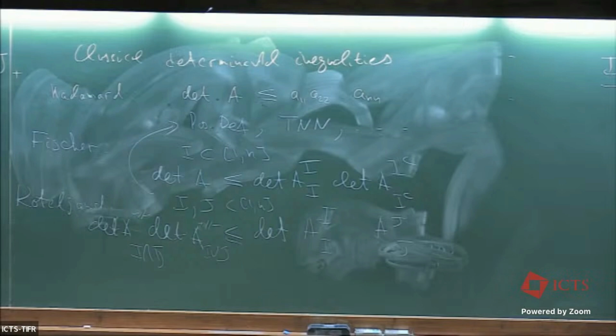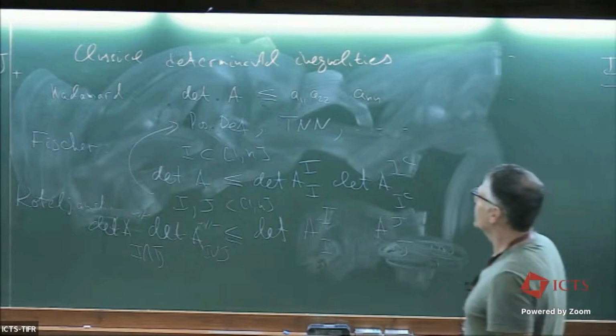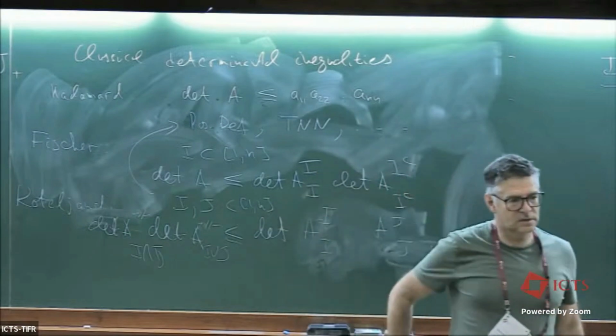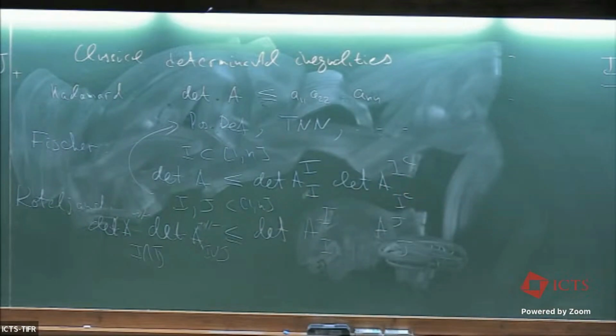Yeah, the determinant is the smallest. And again, these particular inequalities, we will see tomorrow how they easily follow from pictures. You don't need any analysis. So there are stronger positivity properties in place here.